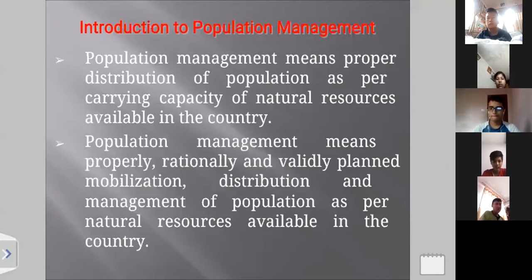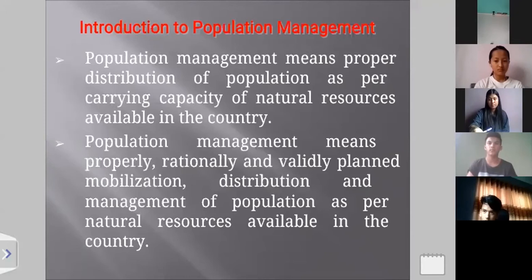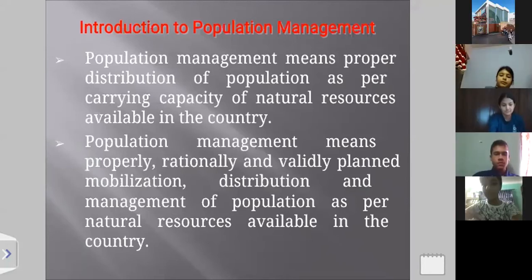Once again, you can see the first definition. In the first definition, it is given that according to the capacity of resources, population should be distributed. And once again, in the second definition, that is revised. Once again, I want to read the definition of population management, the second definition. Population management means proper management, that means the proper management of human resources.